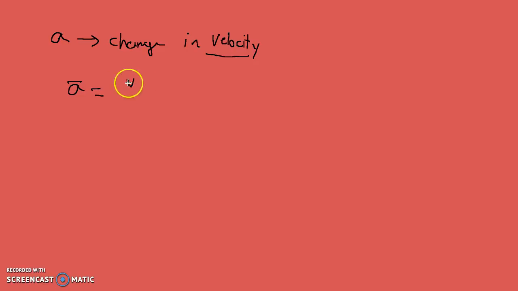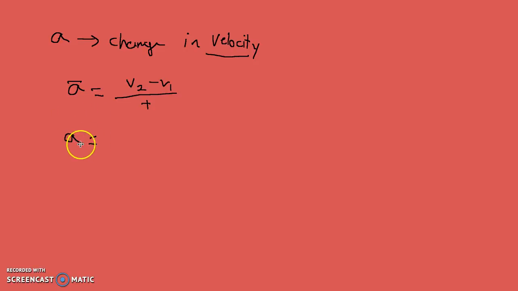So the first thing I want to talk to you about is average acceleration. Okay? We can find average acceleration by finding the change in velocity and dividing it by the time that's passed. Okay, you might recognize this as the slope of your velocity graph. In addition, instantaneous acceleration, so we have the same relationship between acceleration and velocity as we did with velocity and displacement.